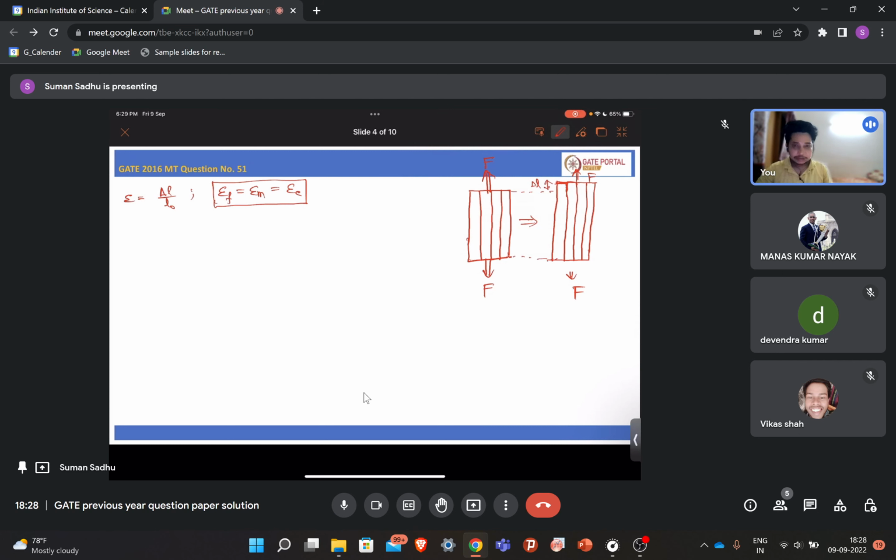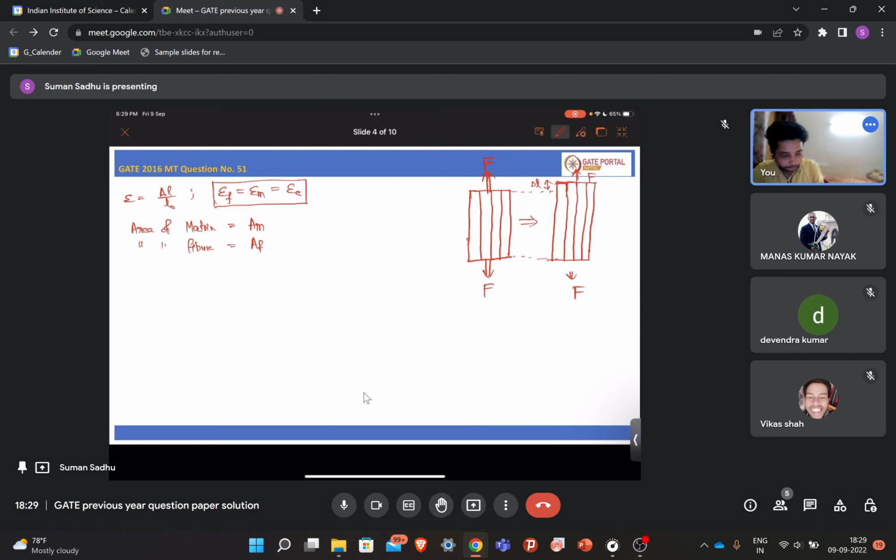So in the earlier case, the force was the same. In this case, what is the same? Epsilon, that is strain, is the same. Now the force is F on the composite. We are applying F force. Let's say the area of the matrix is AM and the area of the fiber is AF.